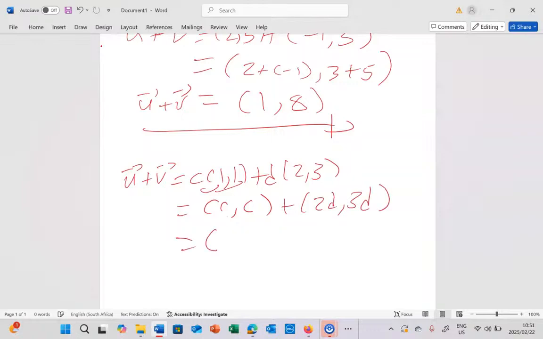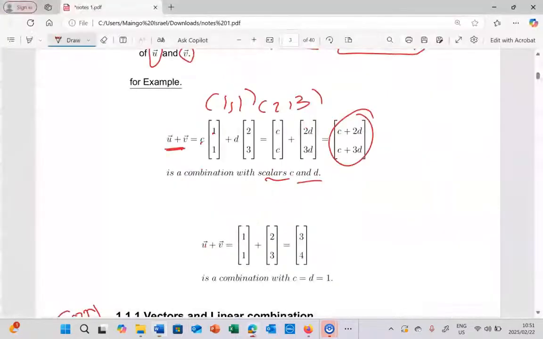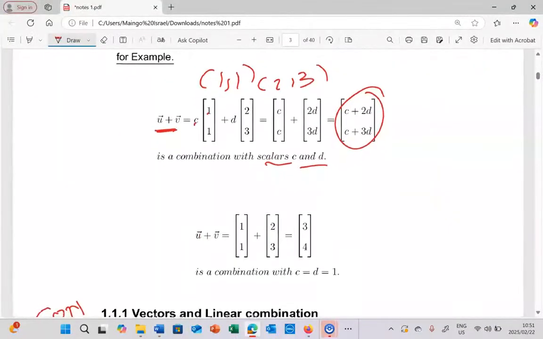We know how to do vector addition of two vectors: we add the corresponding components together. This is c plus 2d, this one plus this one, then c plus 3d together. And this is a combination with scalars c and d. So that's what we're talking about.